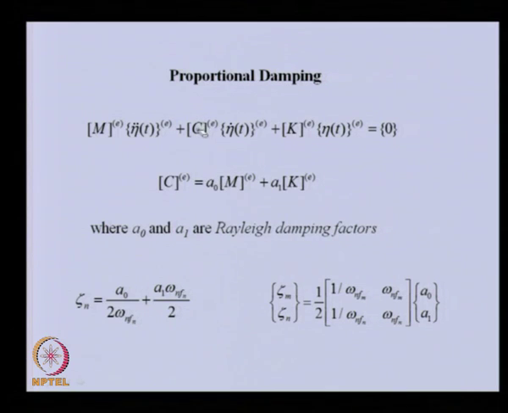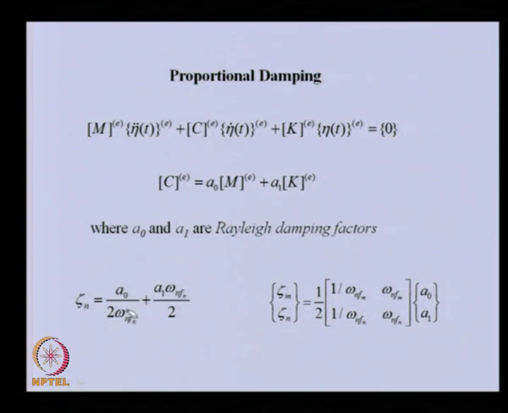In proportional damping, we can write the damping in terms of mass and stiffness, proportional to mass and stiffness, with some constants, and Rayleigh's damping factors a0 and a1 are defined like this. For a particular mode, let us say the nth mode, this is the damping ratio, these are the constants, and this is the natural frequency.